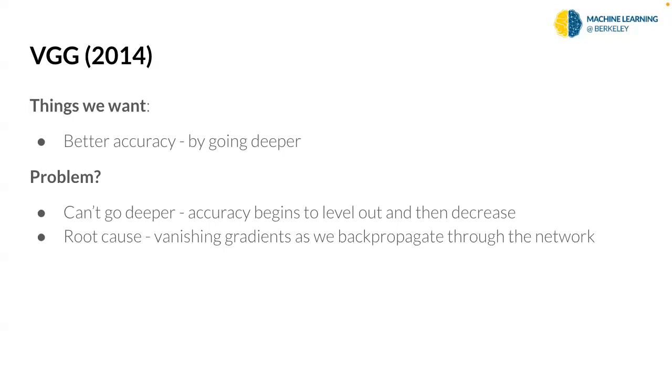Because in the backpropagation algorithm, to compute the gradient of layer n, you use the gradient of layer n plus 1. And as we go deeper and deeper, all of these gradients multiply together and they become very, very small. And so vanishing gradients are the reason VGG cannot go any deeper. VGG is the limit of traditional convolutional architecture, the simple one.